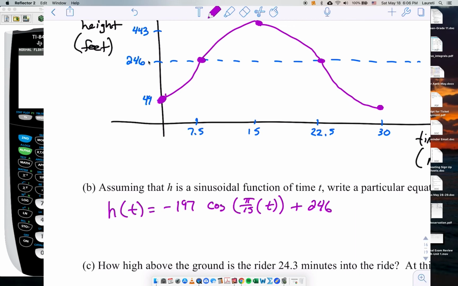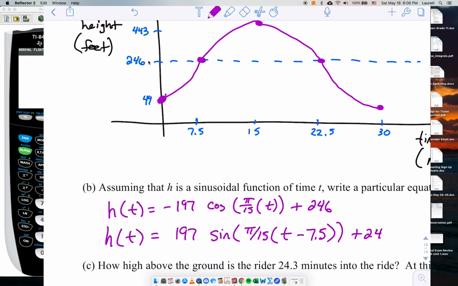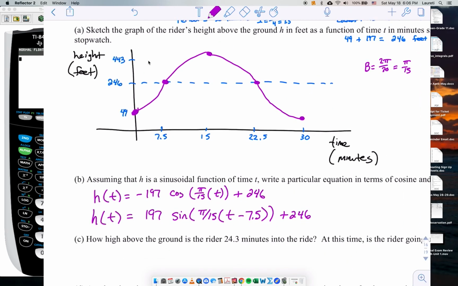So that's one equation, and then your sine equation could be 197 sine of pi over 15 times (t minus 7.5) plus 246.